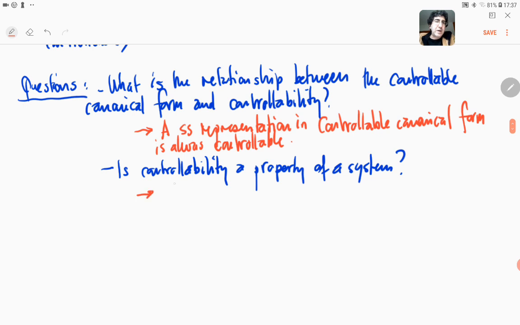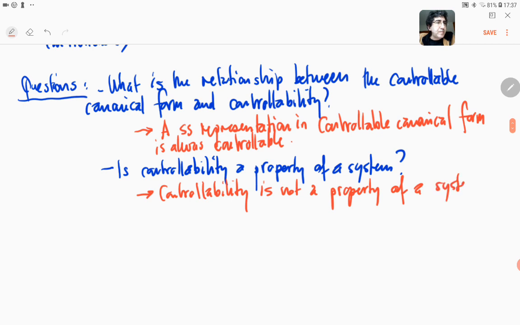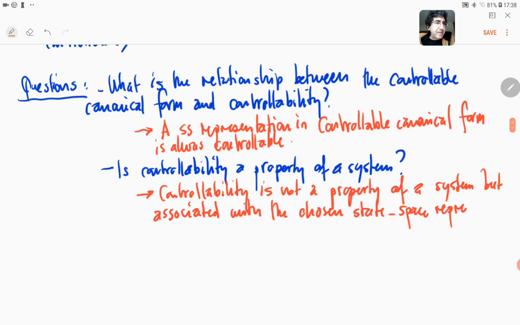So controllability is not a property of a system, but associated with the chosen state space representation.